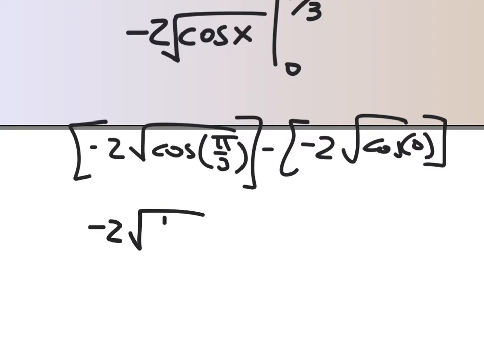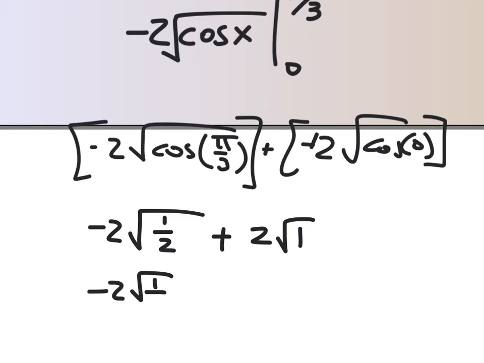Cosine of pi over 3 is 1 over root 2. Okay, that is gross. Oh no, that's wrong. 1/2, let's try 1/2, I like that better. Plus, right, minus a negative. 2 times the square root of the cosine of 0. The square root of the cosine of 0 is the square root of 1. So that's negative 2 times the square root of 1 over 2 plus 2.